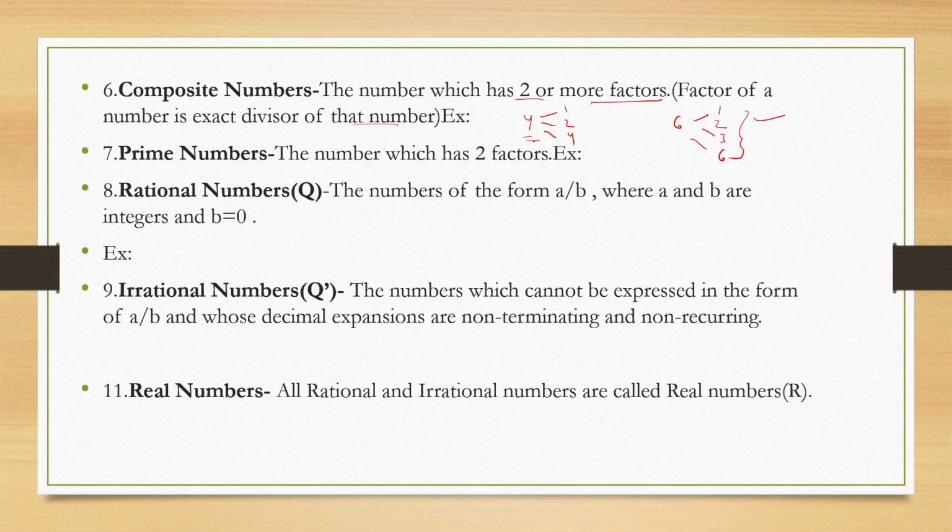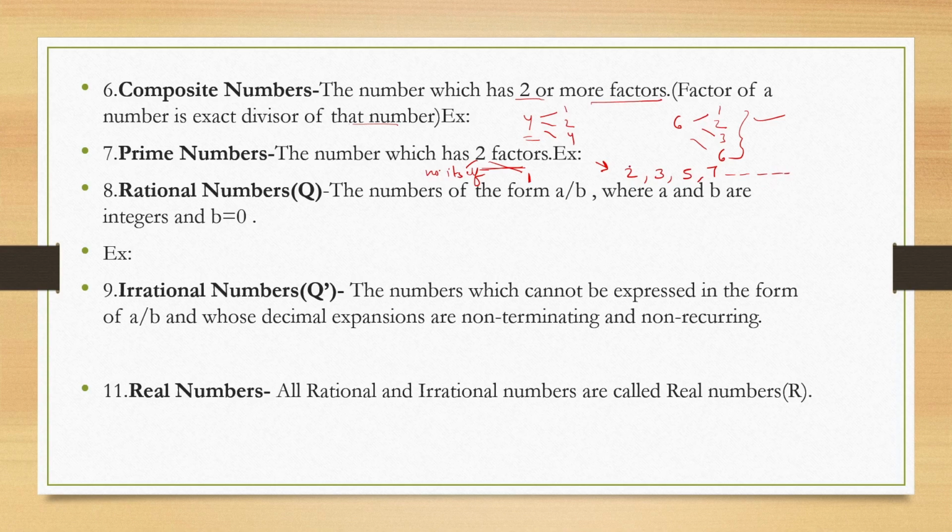Now the number which has exactly two factors, what are those two factors? One is the number itself and one is 1. So there will be two factors for a prime number, 1 and the number itself. For example, 2, 3, 5, 7 are all examples of prime numbers.